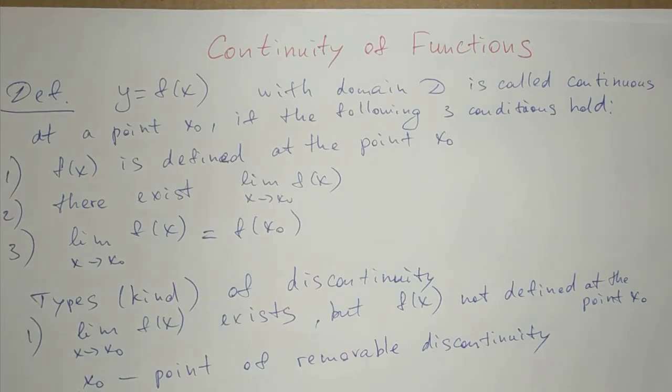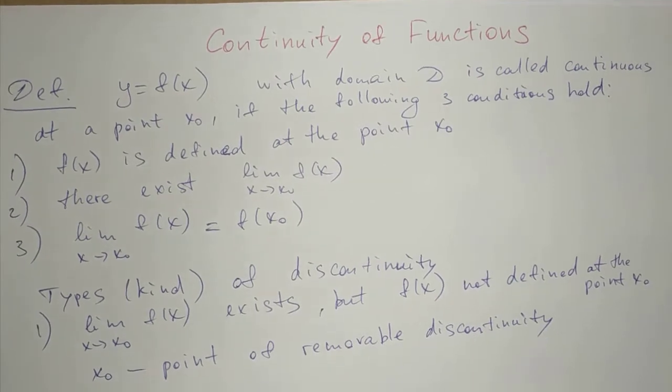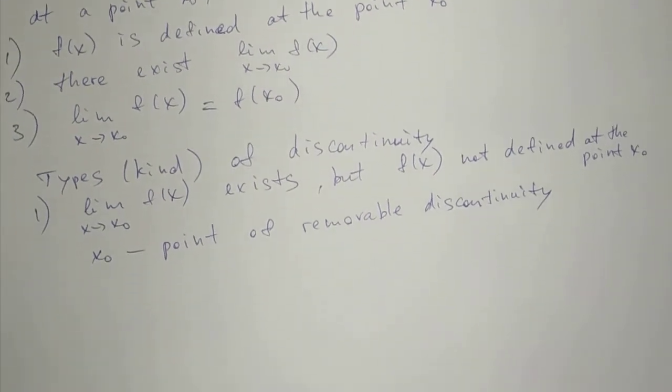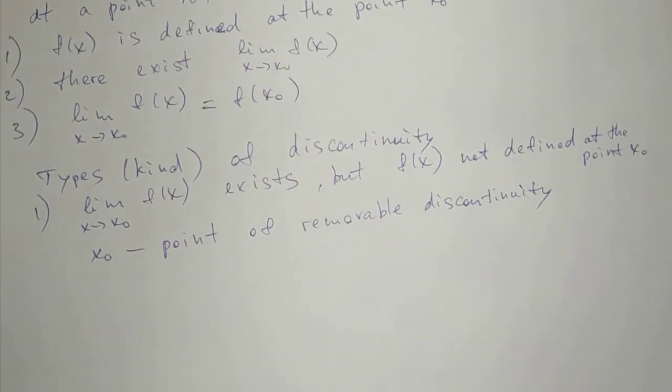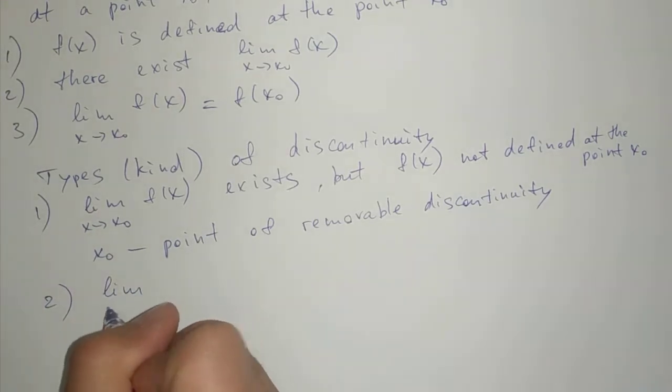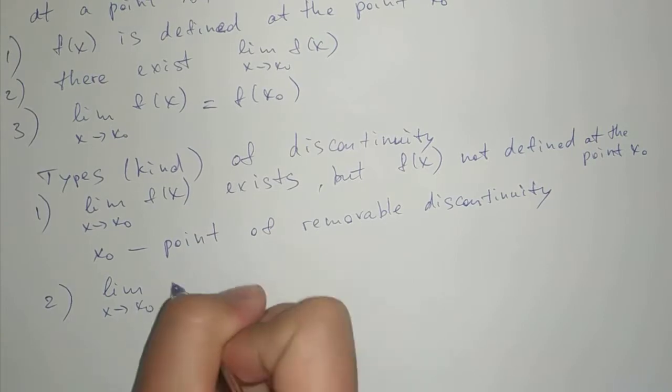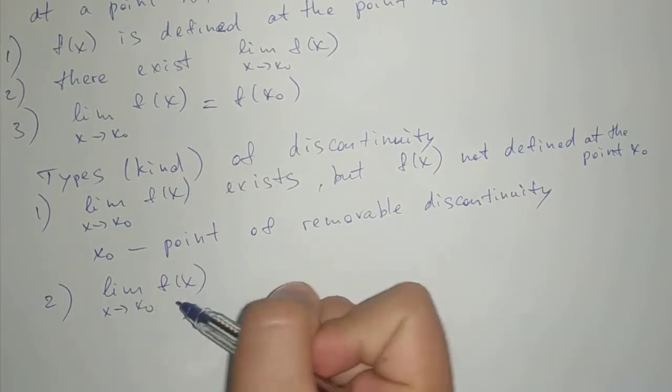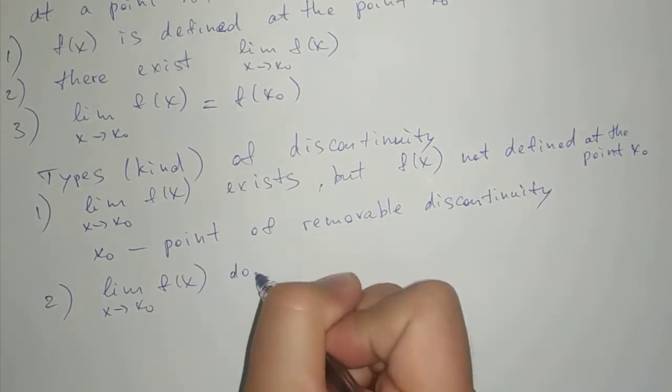Now, the second case. The limit of f(x) as x tends to x0 doesn't exist.